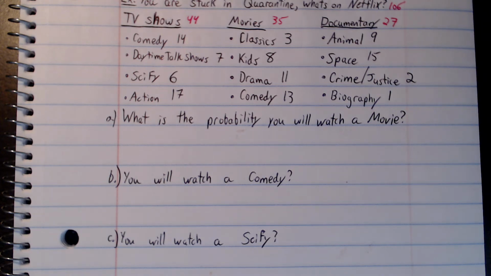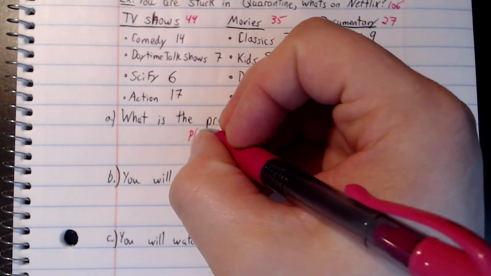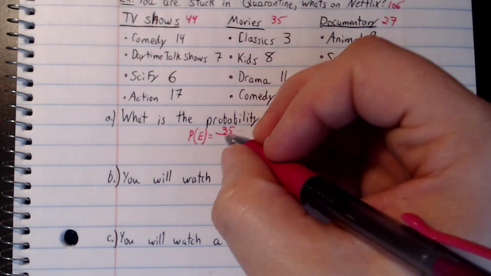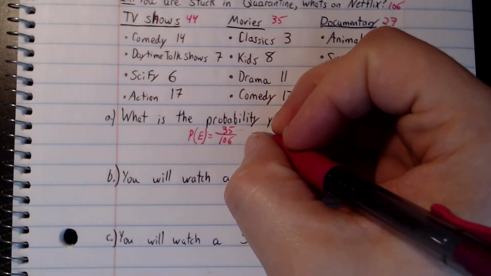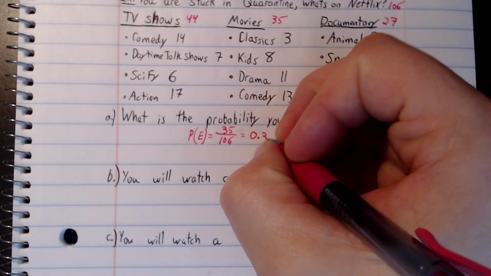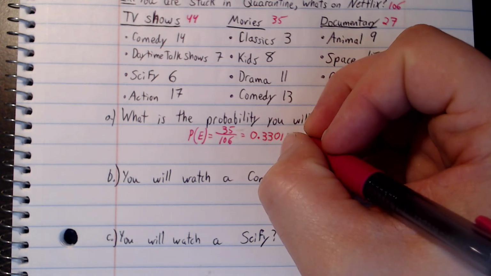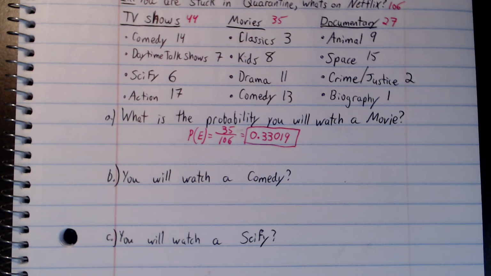They want to know what's the probability that you'll watch a movie. So movie has 35 options out of 106. So if you randomly somehow selected something out of here, you would have a 0.33019 probability of selecting a movie.